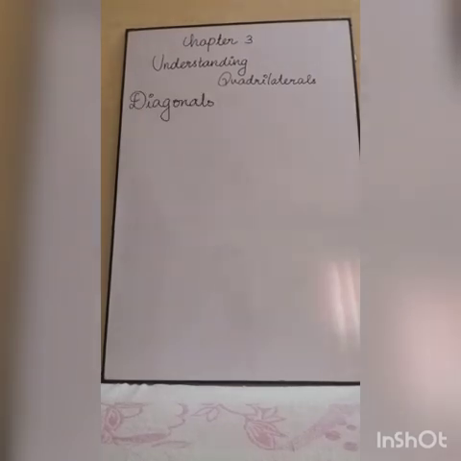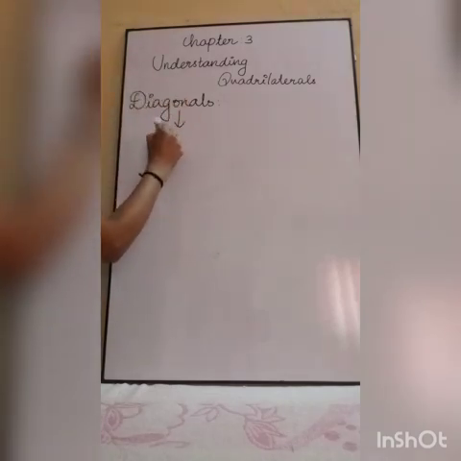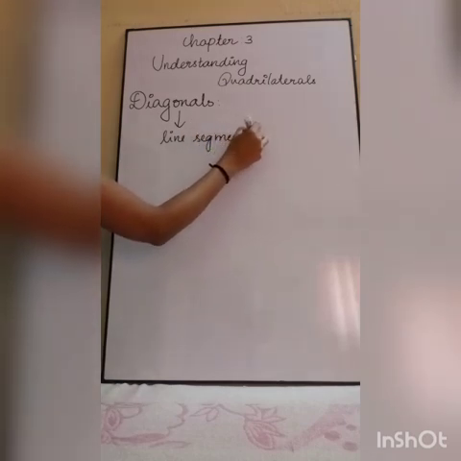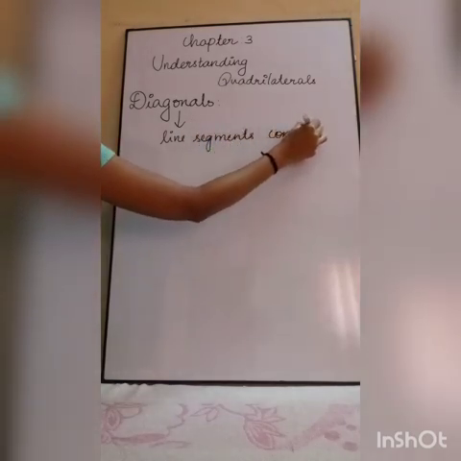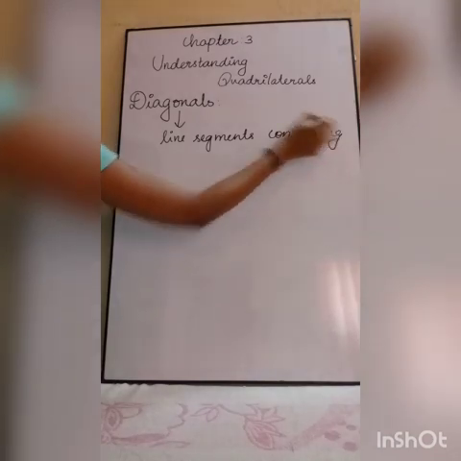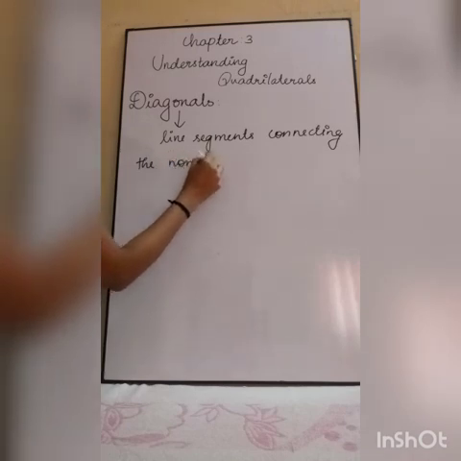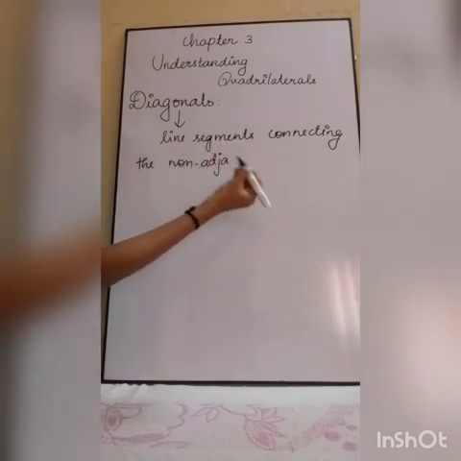The next definition is a diagonal. You have already learned this topic in your previous grade, but once again I am going to explain this diagonal. A diagonal is a line segment connecting the non-adjacent sides, or you can say non-consecutive sides.